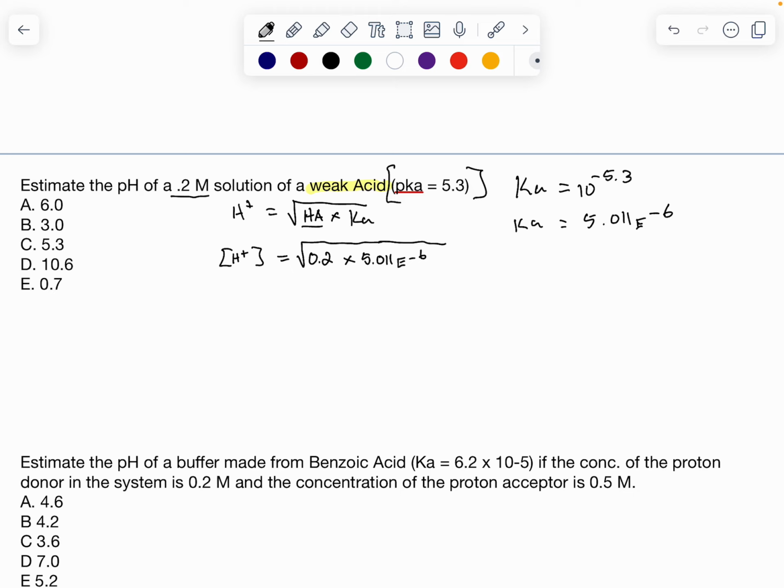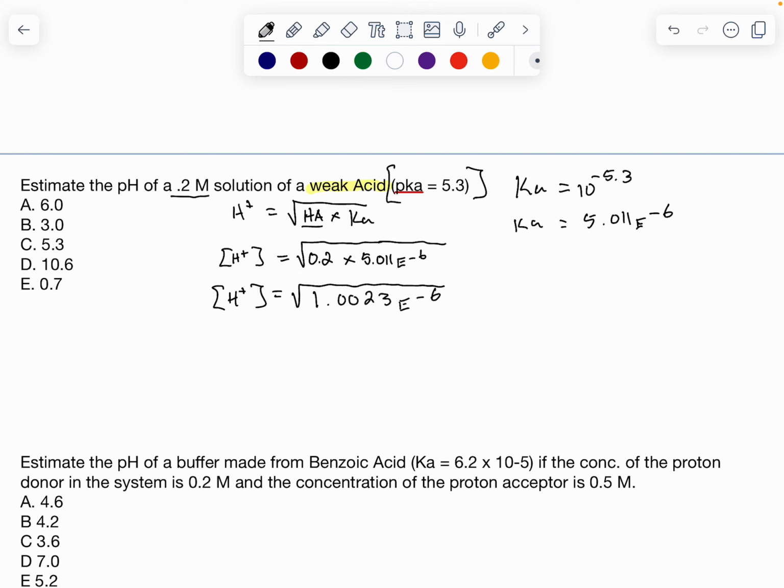And as I said from earlier, I just like to multiply my variables together before I square root them just to keep everything neat. Let me put this in parentheses real quick. I don't want to mix anything up. 0.2 times 5.011 e to the negative 6 is going to give us a value of 1.0023 e to the negative 6. So sweet, now we can square root it.